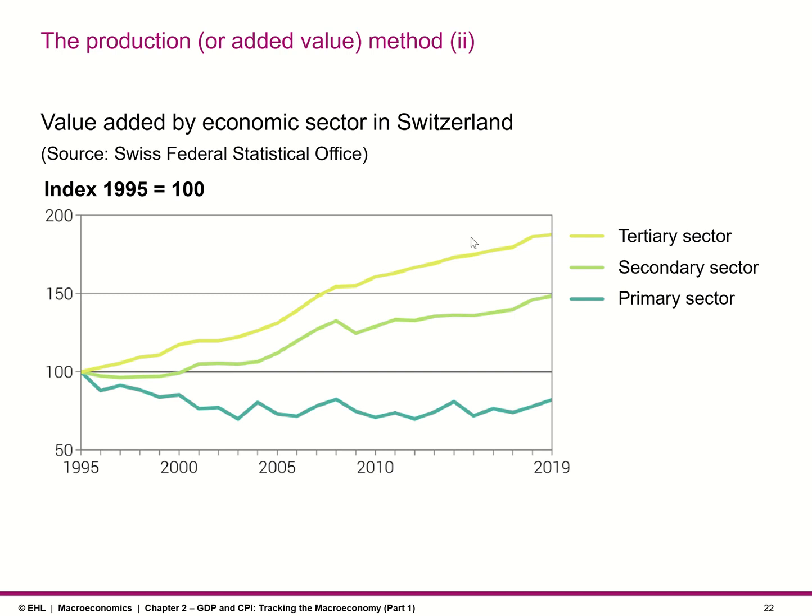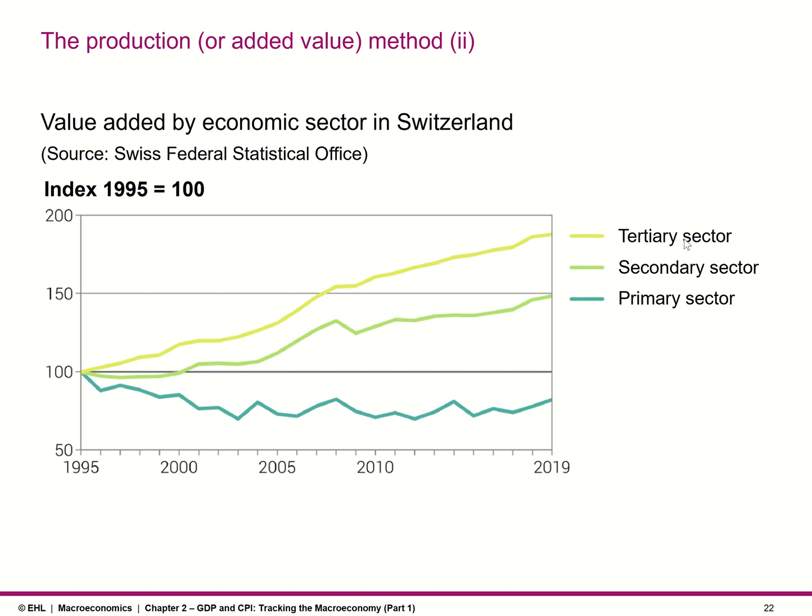So it means that productivity has very much increased in the tertiary sector. Its productivity has increased a little bit in the secondary sector, and productivity has kind of declined in the primary sector.